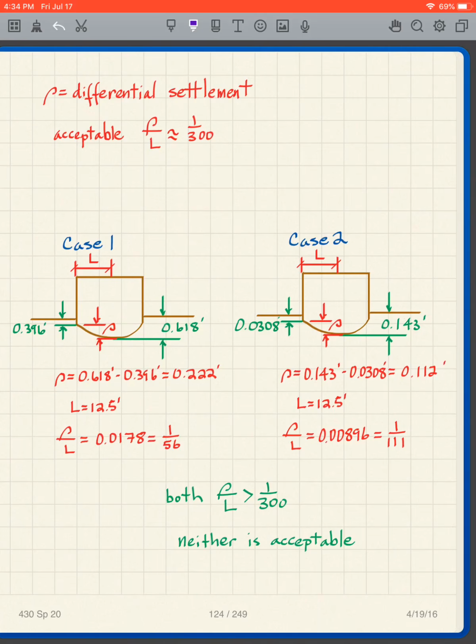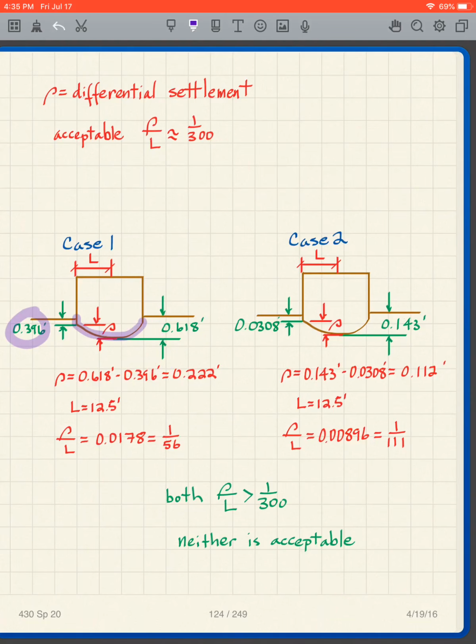So in other words, if I look at my drawing here, I get this dishing shape at the bottom of my structure. For my case 1, I had 0.396 at the edge. I had 0.618 at the center. And the rho is the difference between those two, so the 0.618 minus the 0.396. That gives me what we call differential settlement, the difference between the settlement at the center and the edge.